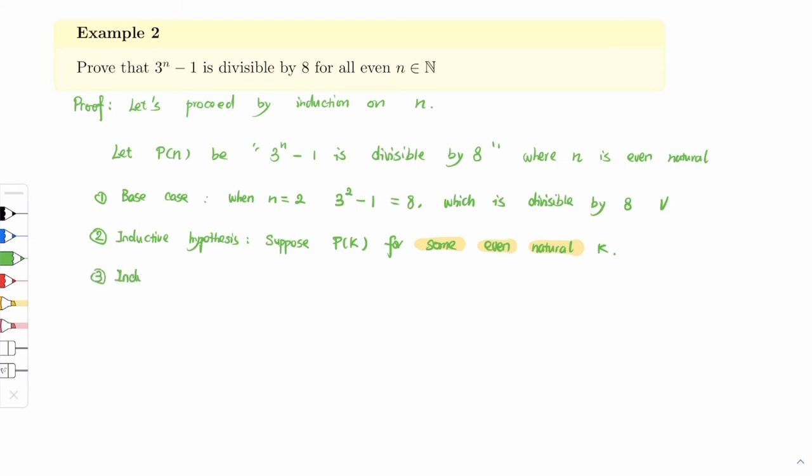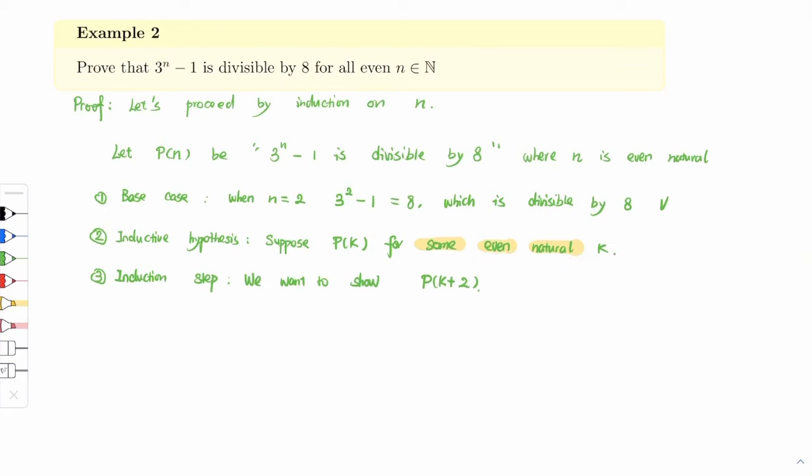Induction step. We need to show that 3 to the k plus 2 minus 1 is divisible by 8. Why k plus 2? So we want to show P(k plus 2). Why k plus 2? Because we want to show it for all even natural numbers, and our k is an even natural k.